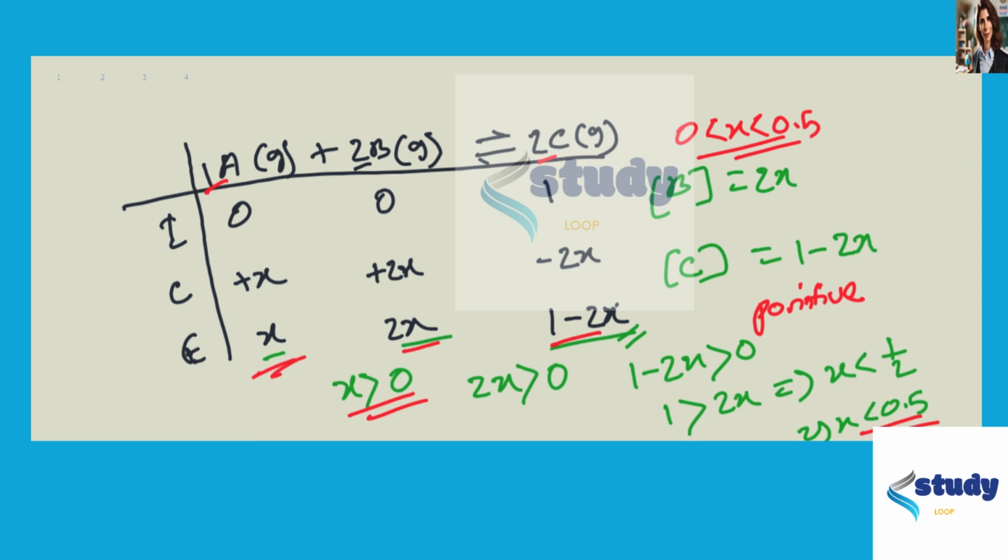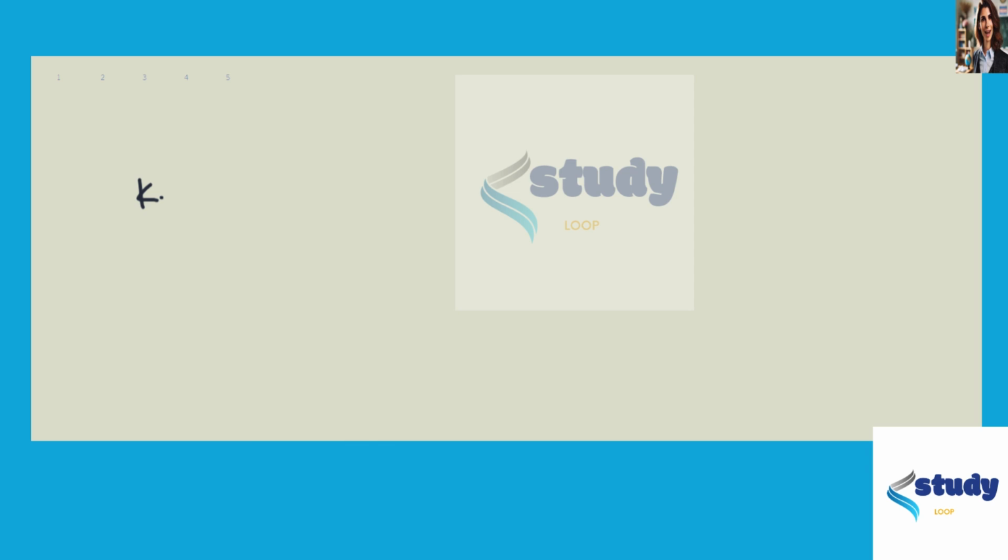So now, if we just put these equilibrium concentration values in the equilibrium constant expression, which is Kc, as we know, the equilibrium constant value Kc is equal to the product concentration over the reactant concentration.